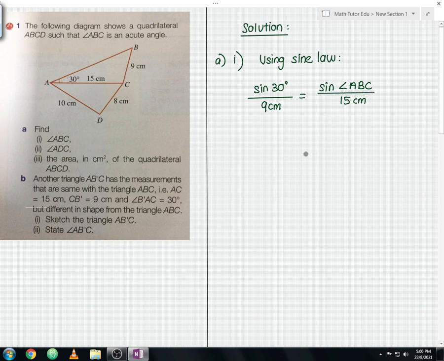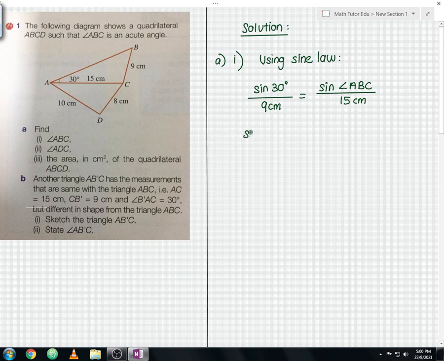Okay, so from here, let us proceed to find the sine angle ABC. In order to find the sine angle ABC, what you're going to do is this 15 centimeter, we're going to times with sine 30 degree and then you're going to divide with 9 centimeter. Let us proceed our working.